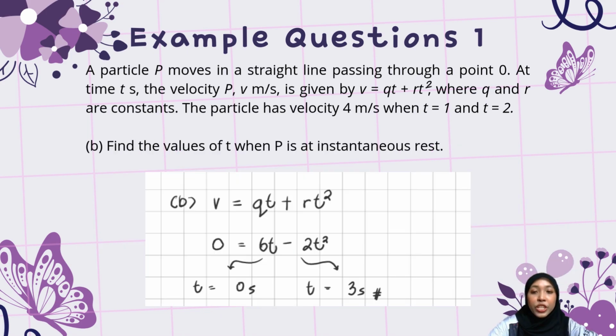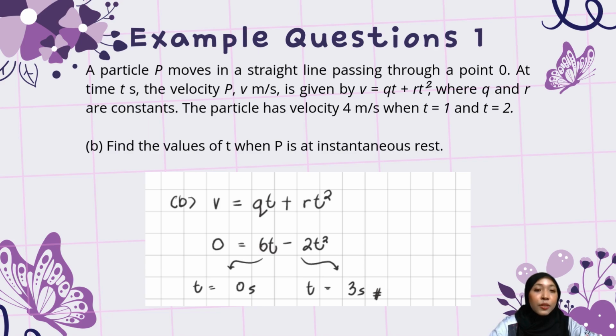Okay, now for question B, which is to find the values of t when P is at instantaneous rest. We have the equation given, v equals qt plus rt squared. We take the values of q and r that we calculated just now in part A and put them into a quadratic equation.